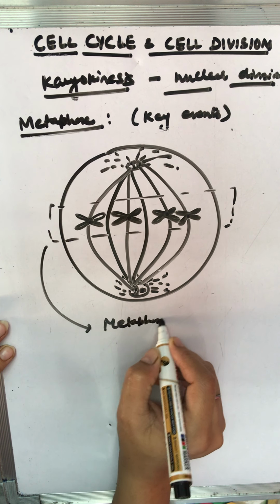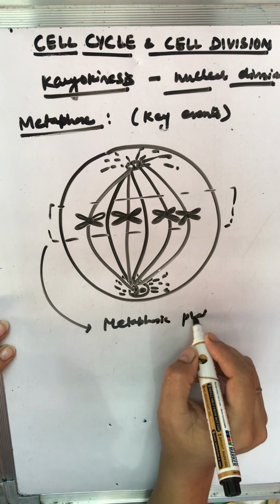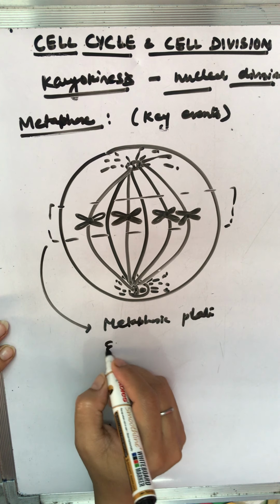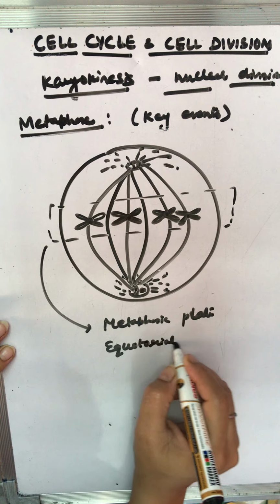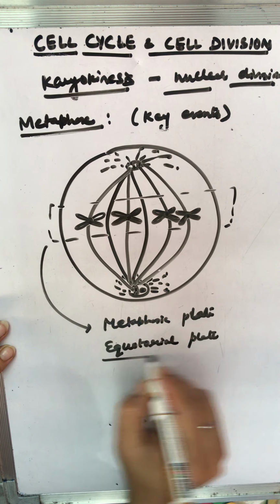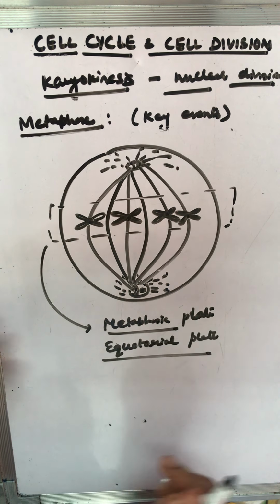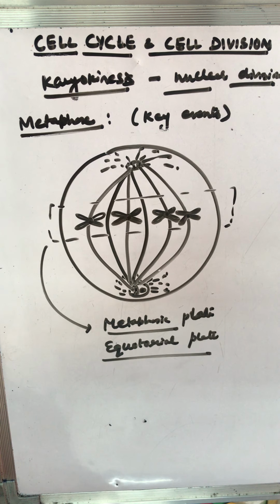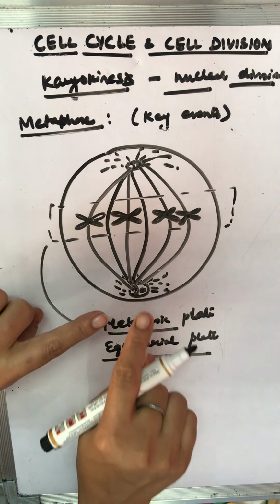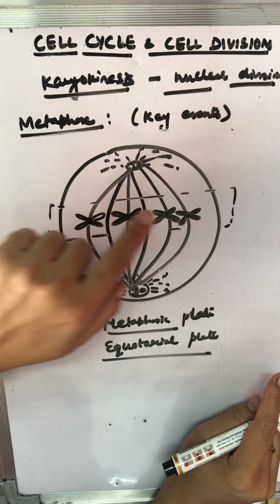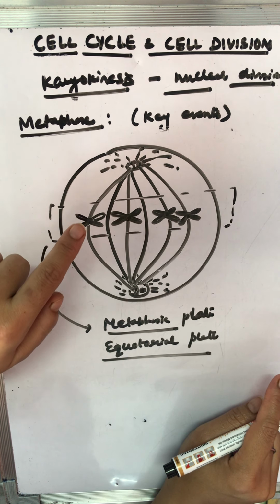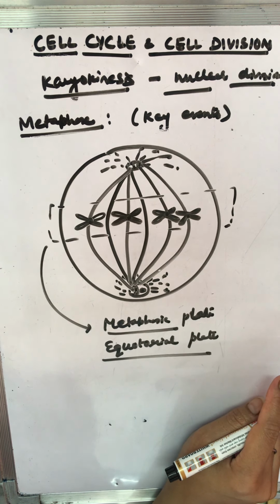Metaphasic plate or equatorial plate. Clear? This is the key feature, that chromosomes are moved to the spindle equator and get aligned along the metaphase plate through the spindle fibers to both the poles.